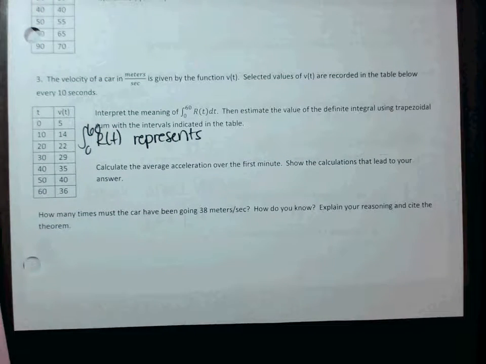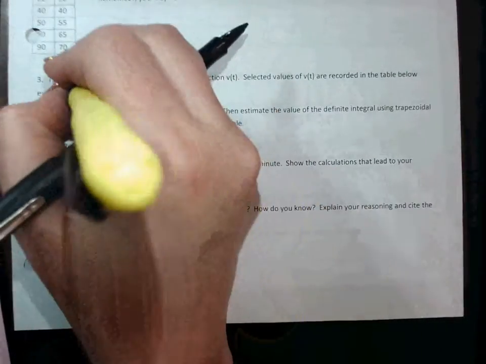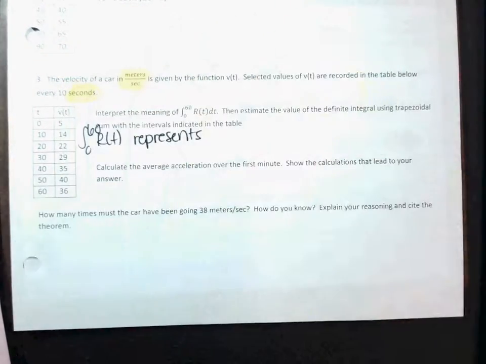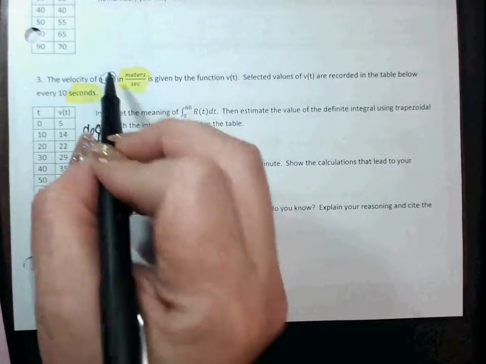Okay, what units am I multiplying? Good. Meters per second times seconds. When you multiply those, what do you get? Meters. And who did the meters? The car.